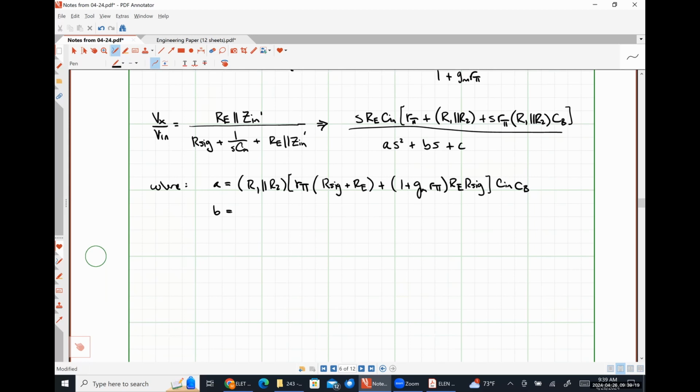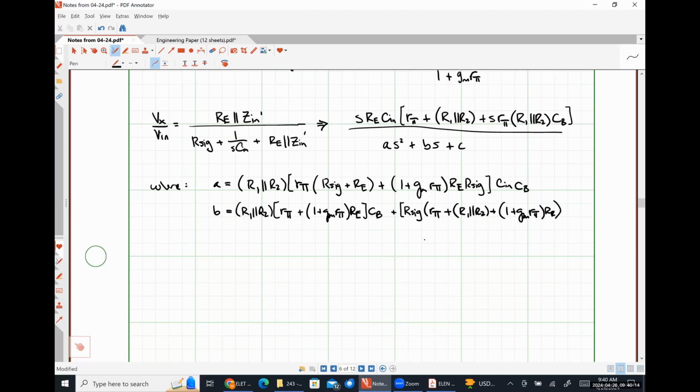Our polynomial coefficient B is given by R1 in parallel with R2 times R pi plus 1 plus gm R pi times RE, all of that preceding stuff multiplied by CB, plus R sig times R pi plus R1 in parallel with R2 plus 1 plus gm R pi times RE, close parentheses there.